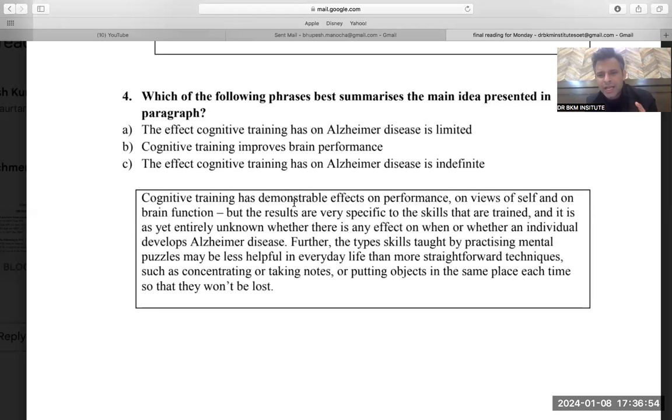Cognitive training has demonstrable effects on brain function, so it can be one of the answers. But it does not say improves. It has a demonstrable effect, so we can say improve. But again, I'm not completely sure whether it talks about brain performance, but it is talking about brain function. So I'm a little confused in this option. So B would be my answer if C is eliminated.